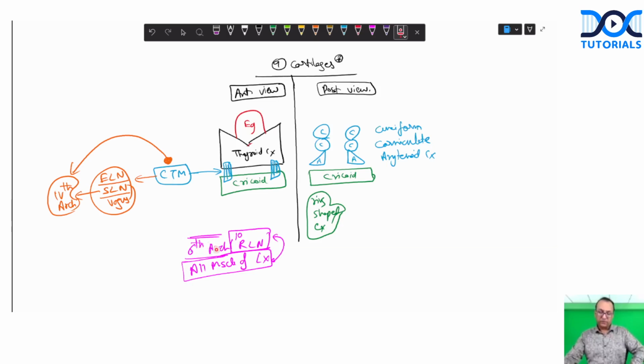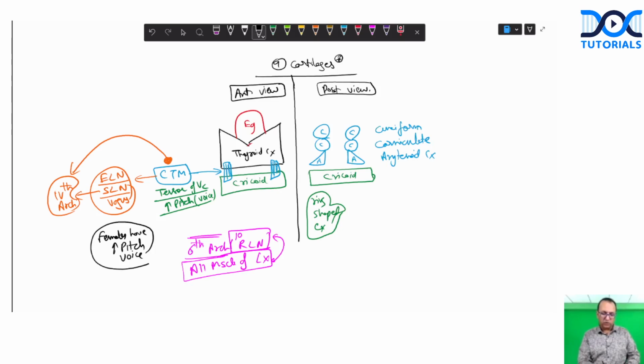Yes. But before that, cricothyroid muscle is a tensor of the vocal cord, and it can increase the pitch of voice. Also mention here that females have a high pitch voice. Now, if a male wants to sing in a female voice, he can train his cricothyroid muscle.